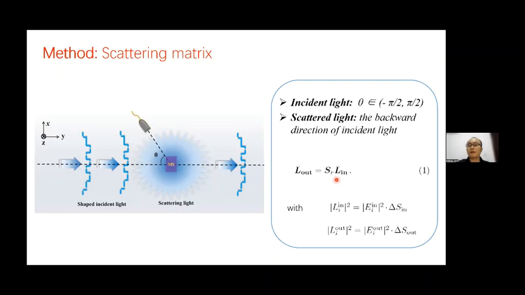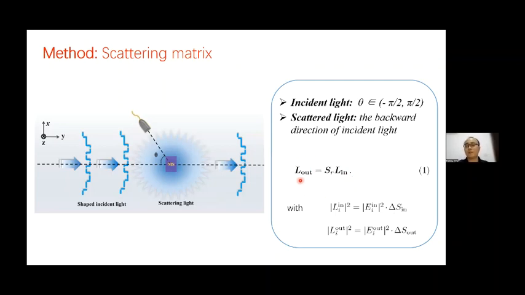Here, the column vector L in is used to denote the incident light, and each element of it is used to denote a single incident plane wave from a particular angle. And S is the scattering matrix that we use to relate the incident light to the scattered light.